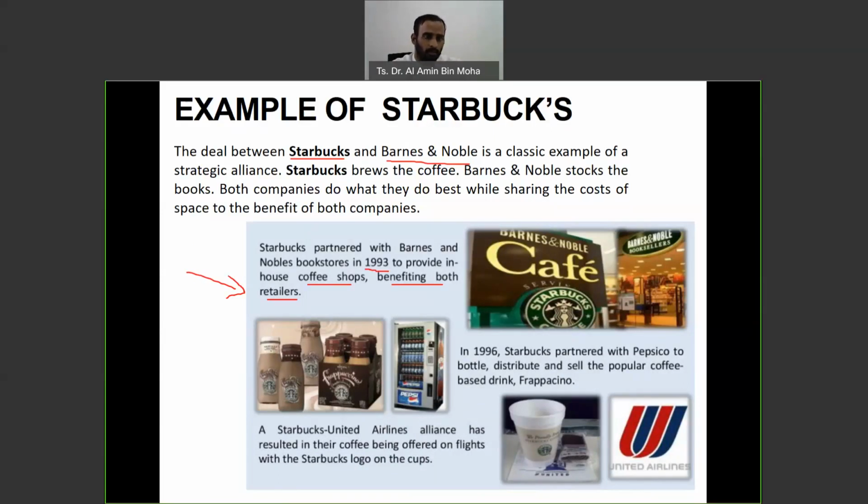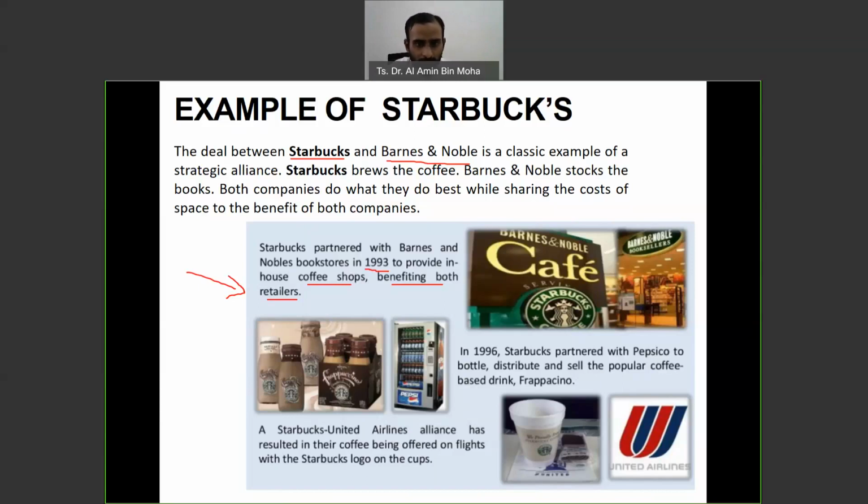So there are coffee shops in bookstores. The people who came to buy the book can drink the coffee. And people who are actually looking for the cafe are drawn to see the books. So there's a benefit to both parties.